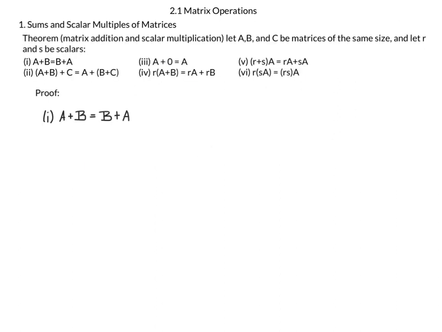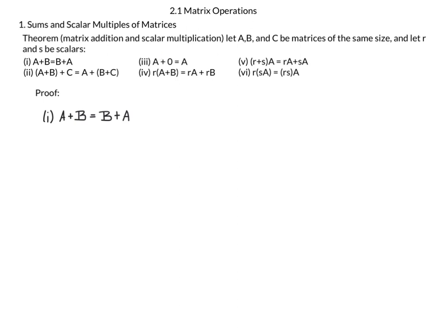Once we've defined how to add two matrices together as well as multiply a matrix times a scalar, we have this theorem that has different properties of matrix addition and scalar multiplication. We'll let A, B, and C be matrices of the same size, and r and s be scalars. Then A plus B equals B plus A, so there's commutativity in the addition. A plus B plus C is equal to A plus B plus C, so there's associativity in addition.